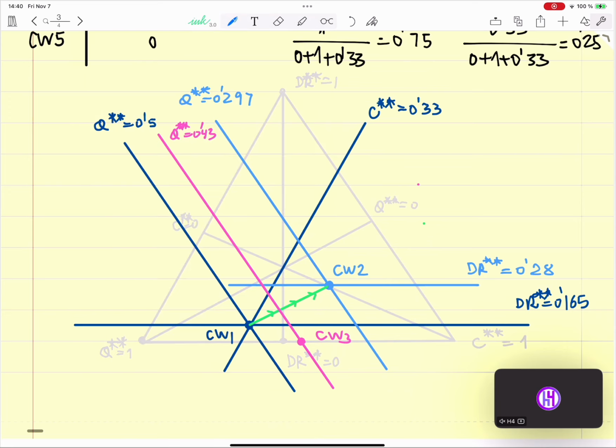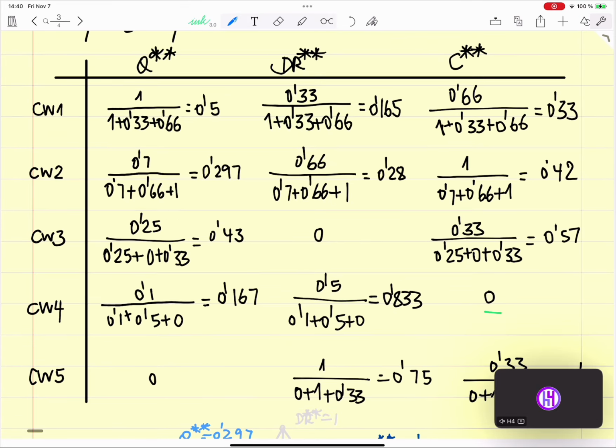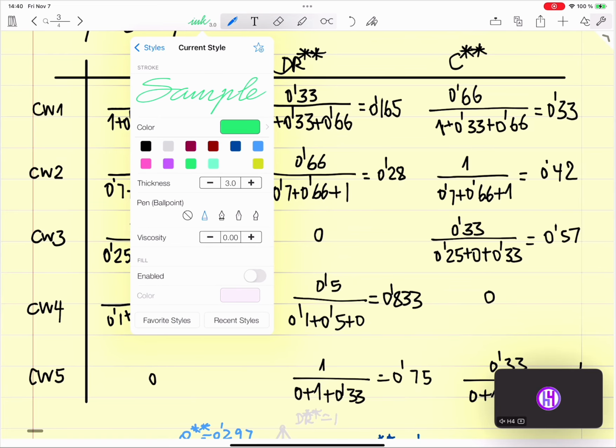Okay, so we go ahead and paint the movement from calendar week 2 to calendar week 3. Then the same thing, we take the one with a 0 and 0.167. I'm going to take another color, let's say this one.